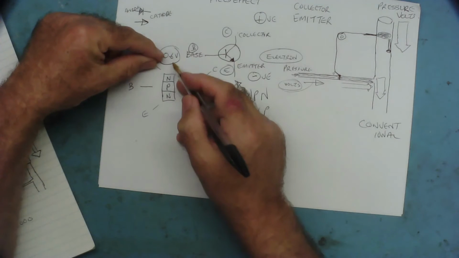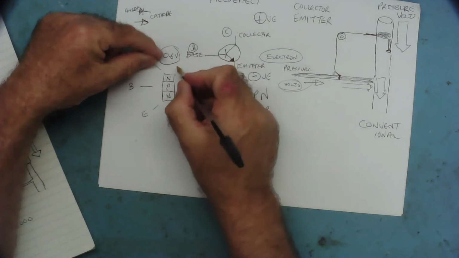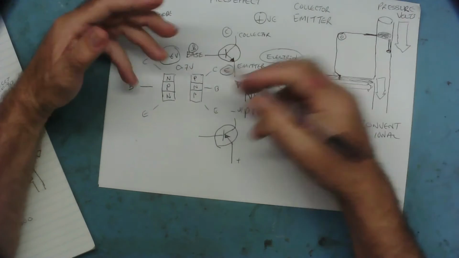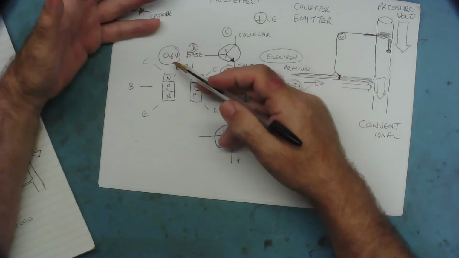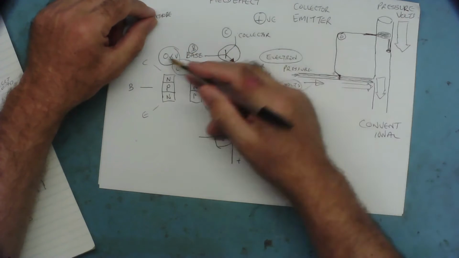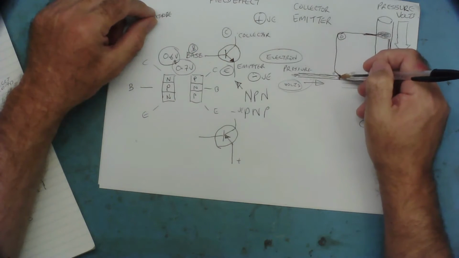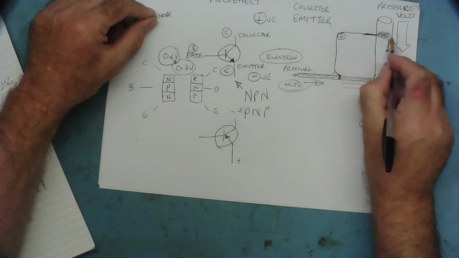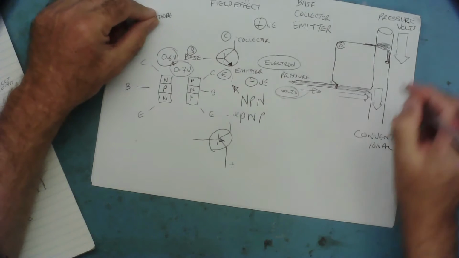So you might find it starts opening at 0.6 and it's fully open at around 0.7 volts.